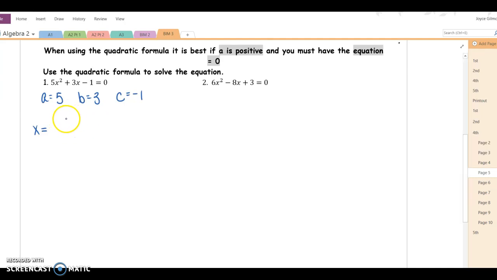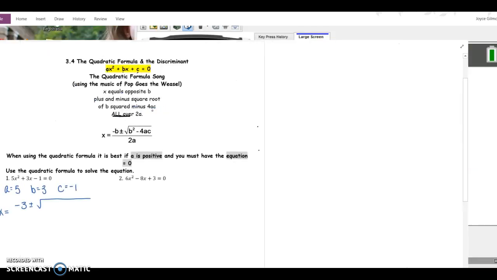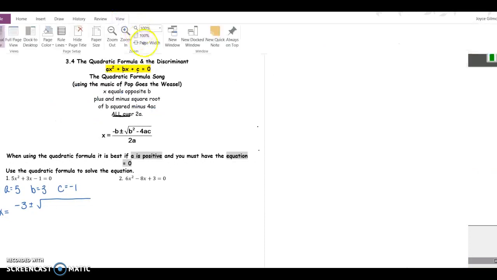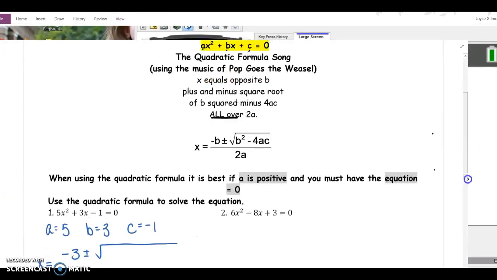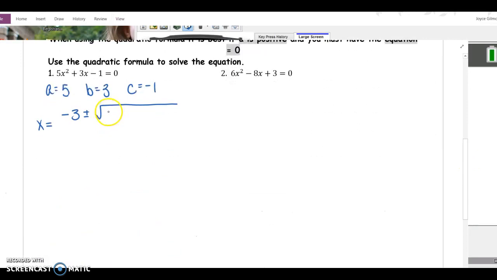So x equals opposite of b. Because we have positive 3, we're going to put in -3 plus or minus big long square root. b squared, so 3 squared, minus 4 times a, 5, times c, -1.